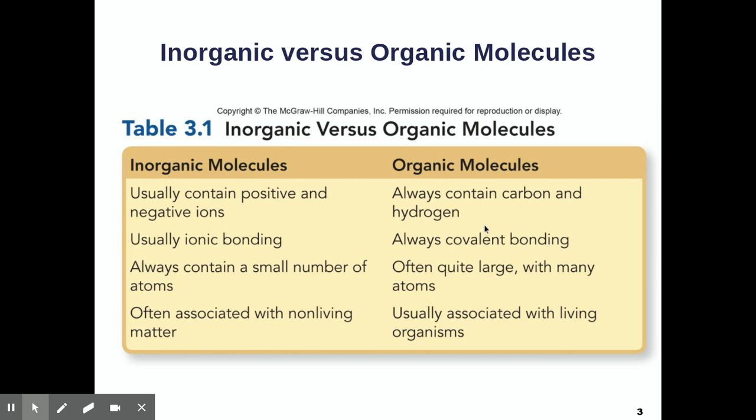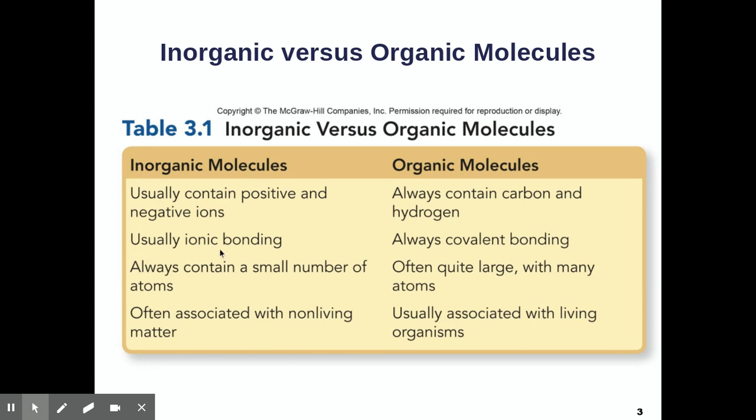If you picture this carbon over here, it has 4 in the valence shell, which means it wants 4 more electrons in order to be completely happy. So when it makes this covalent bond, there's going to be lots of other atoms that it can bond with in order to fill its shell. So you're usually thinking that it's quite large. Lots of things can stick to this carbon and hydrogen.